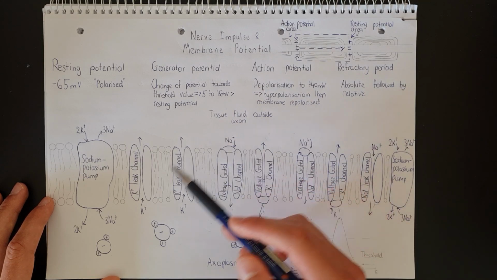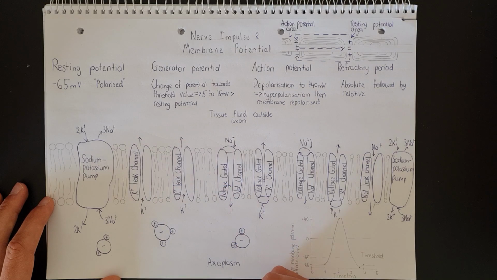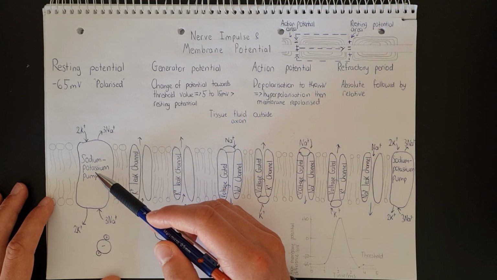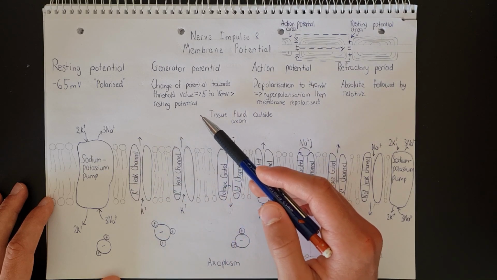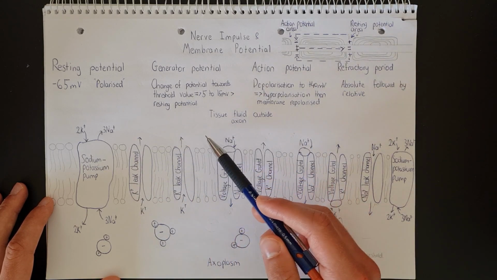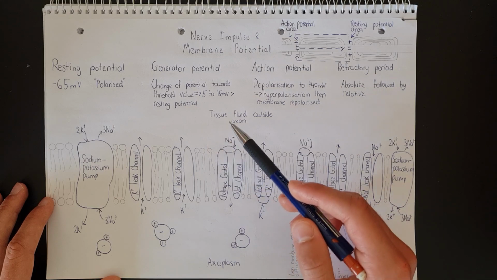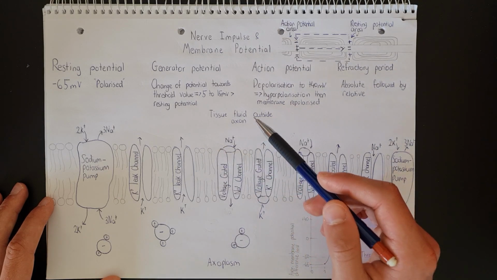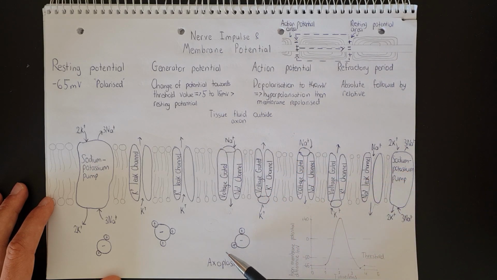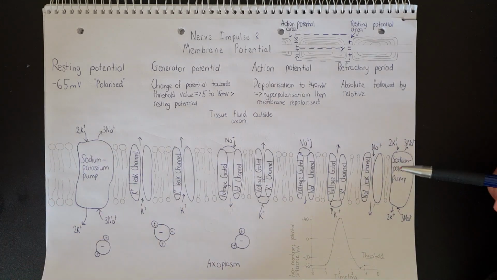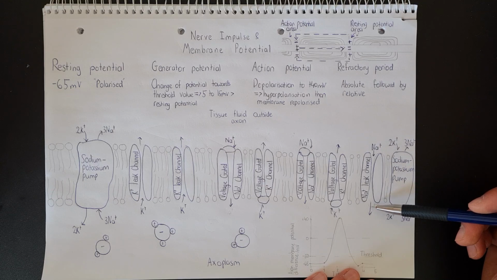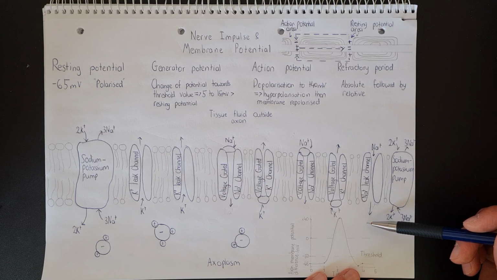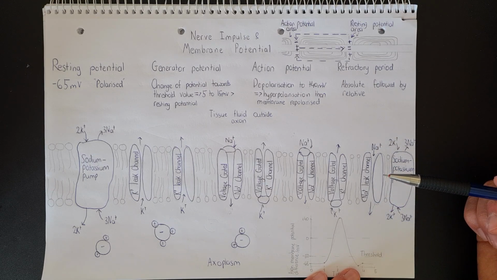So again, the action of the sodium-potassium pump and these potassium leak channels are building up the positivity in the tissue fluid outside the axon, compared to the axoplasm. Now, as we mentioned, some sodium ions will also be coming back into the axoplasm down their electrochemical gradient.